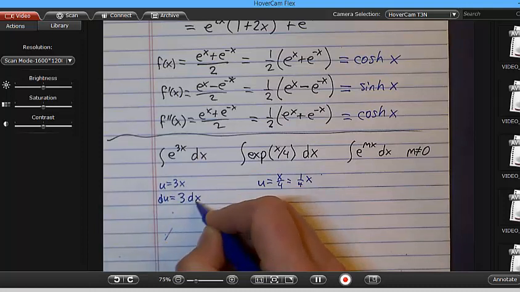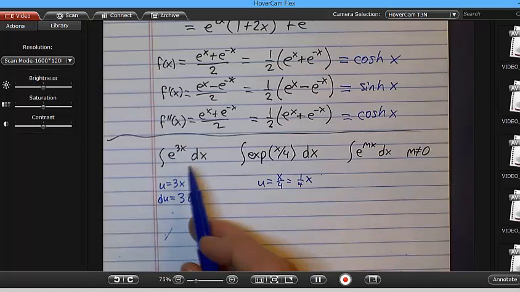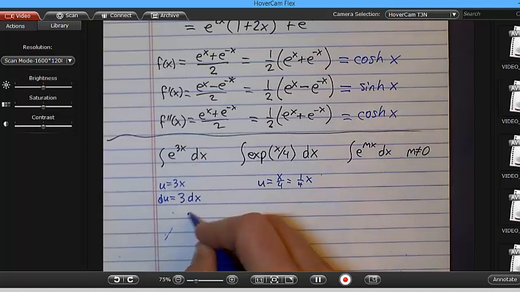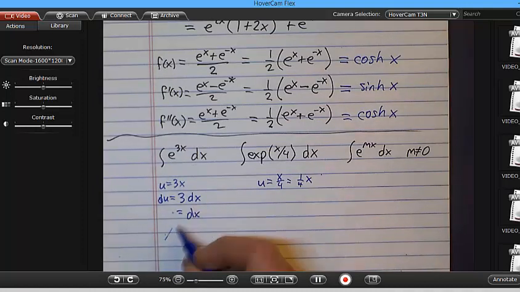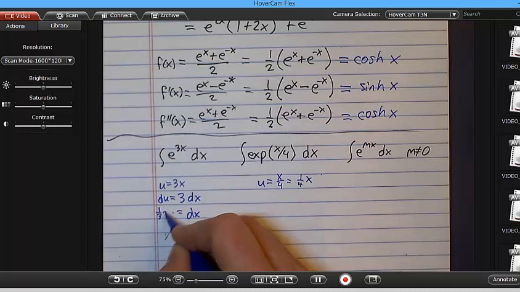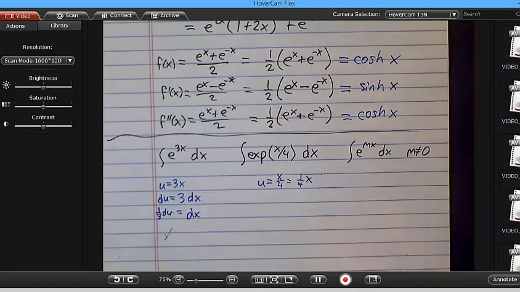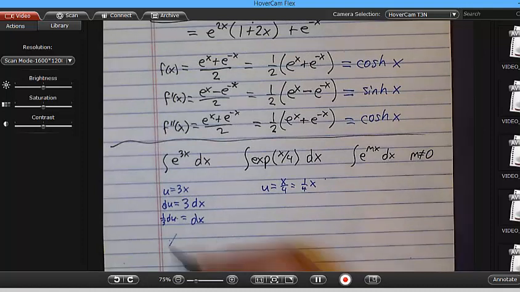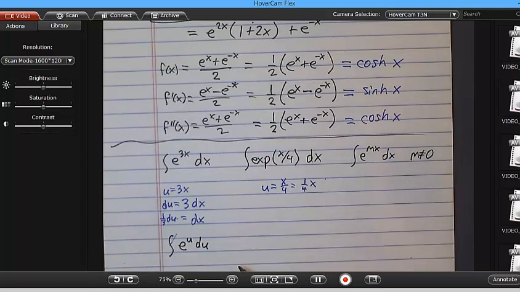So what does du equal in the first one? 3 dx, right? And I don't quite have that. I just have dx. dx, I guess, is equal to 1/3 du. So when I do the first problem, I would immediately change it to e to the u du, but what do I have to put out front? 1/3. So this then is a really easy problem.